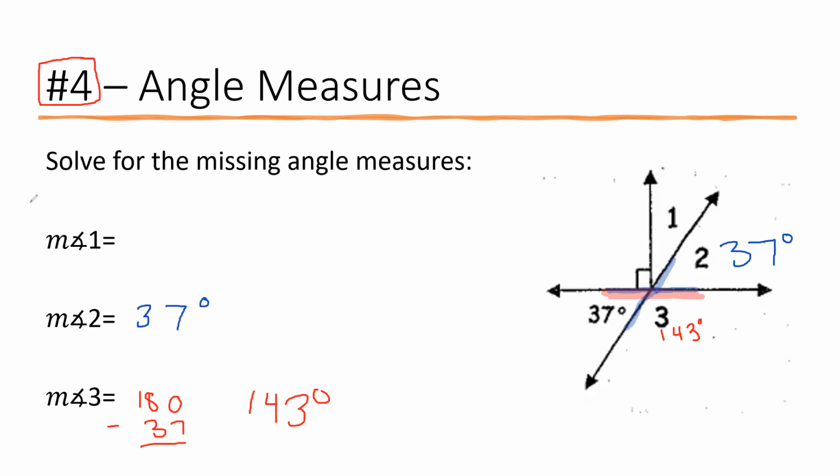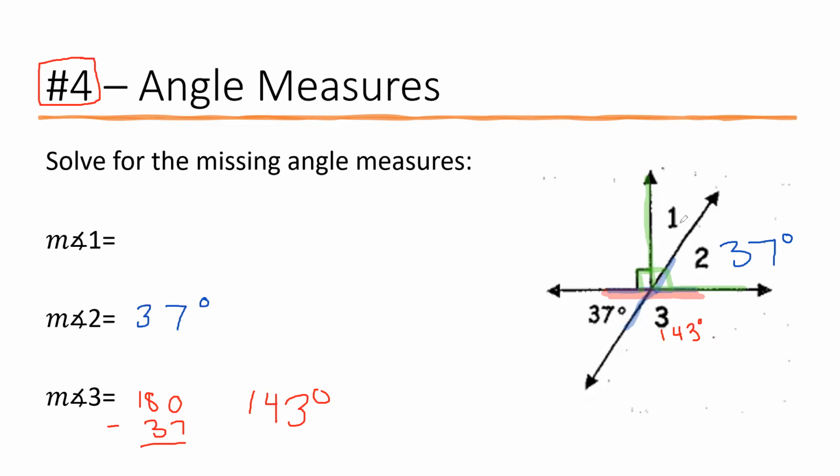All right, lastly, we need to find the measure of angle 1. When I look at my angles here, I notice that 1 and 2 are adjacent. They're next to each other, but they do form a special kind. They form a right angle. So that means they're complementary angles.